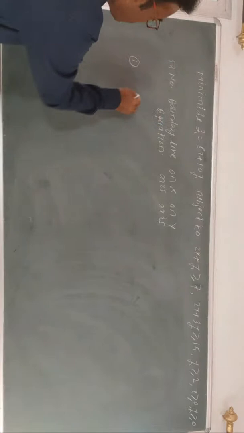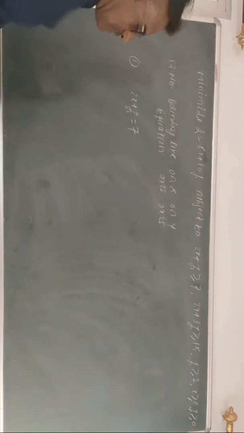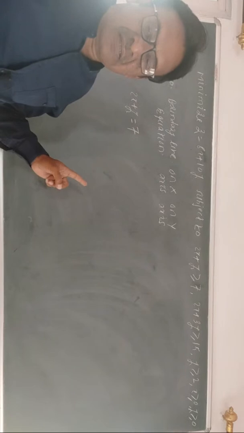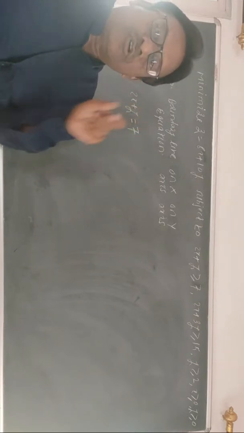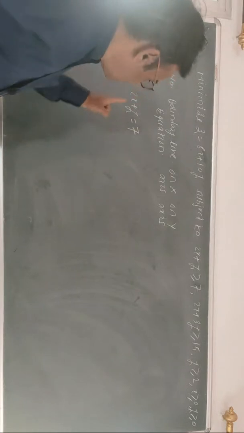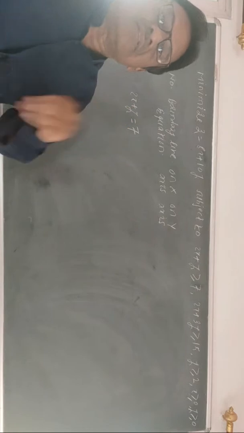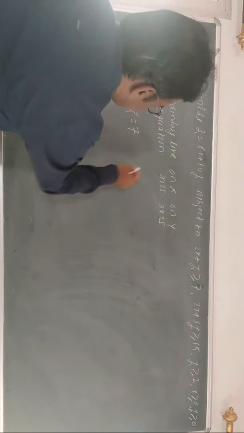So we write 2x plus y equals 7. This is the linear equation of a straight line. That is, this equation represents a straight line, and we find the points of intersection of the line, which is called the boundary line, with the coordinate axes. So first we find the point on the x-axis.